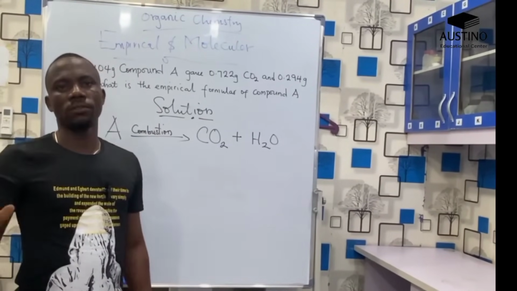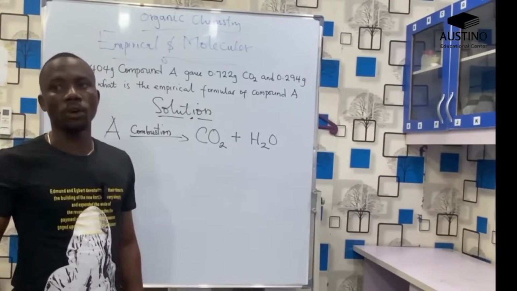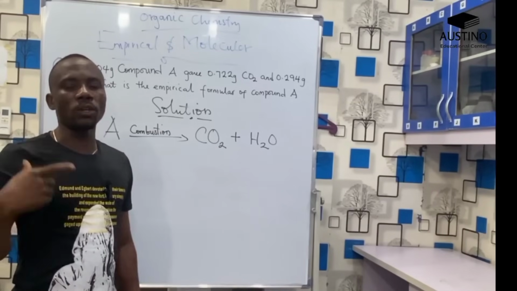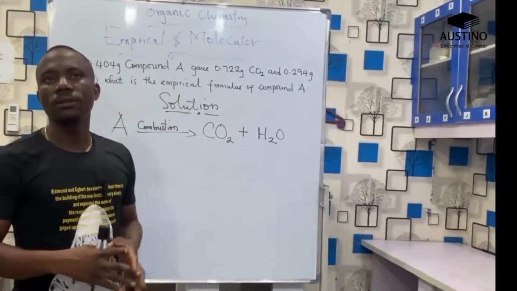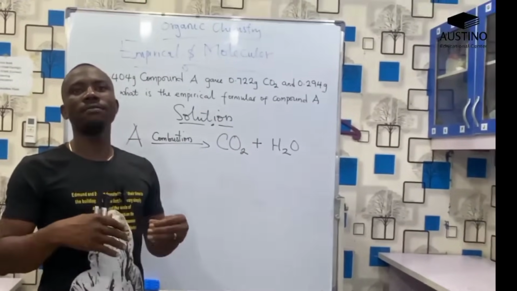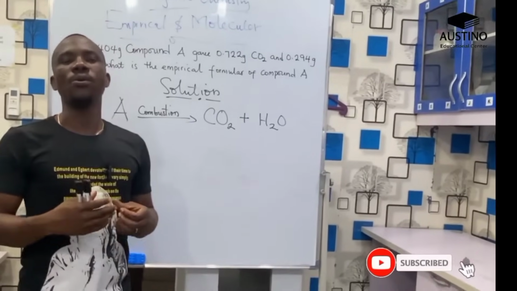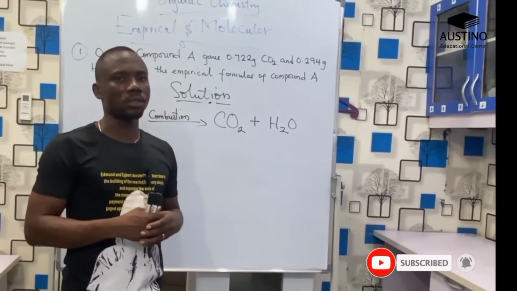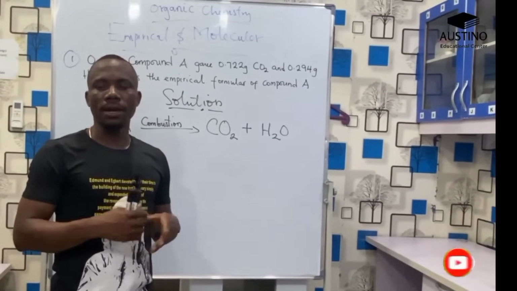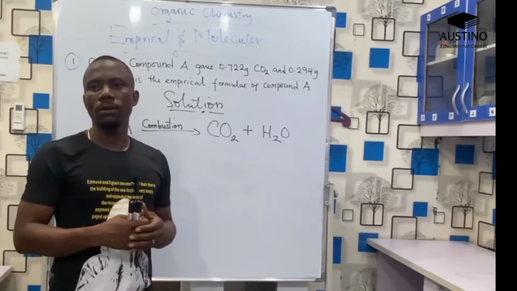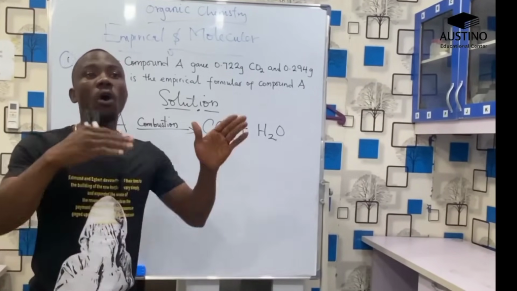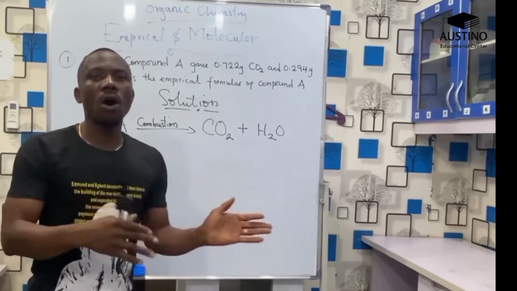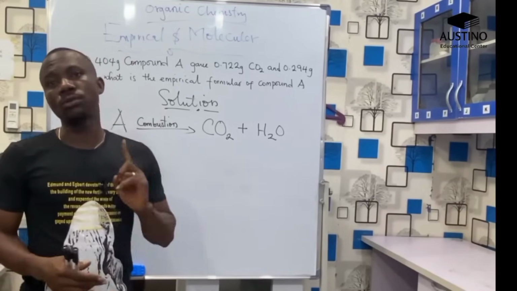Complete combustion. Take note, complete combustion. If the combustion is not complete, you will not have CO2 and water. You will have CO, carbon monoxide, and not carbon dioxide, and then water. For a complete combustion, all hydrocarbons will give us CO2 and water.